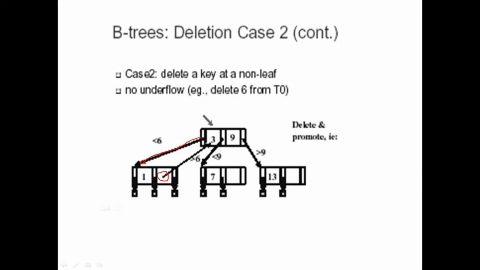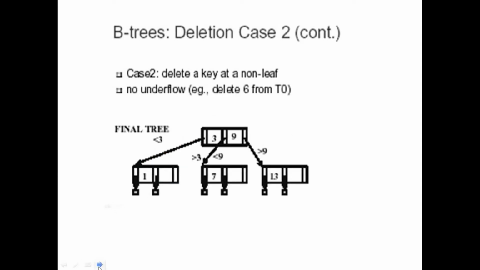After deletion of 3, you can see there is no underflow because, according to the property, a leaf node can contain at least one element and at most two elements. So this is the tree after deletion of 6. 6 is deleted and replaced by 3, and here there is a space.